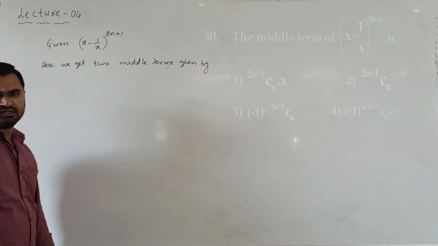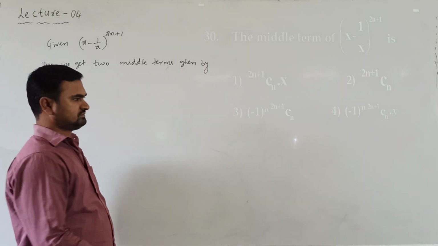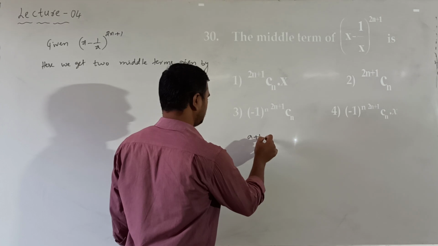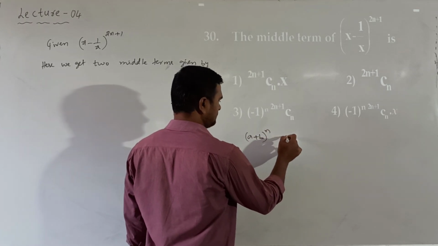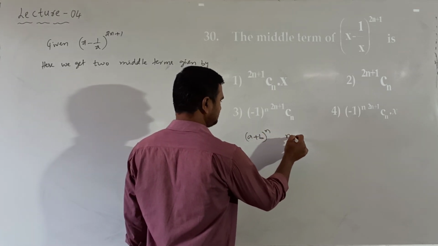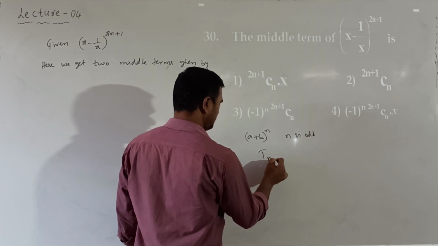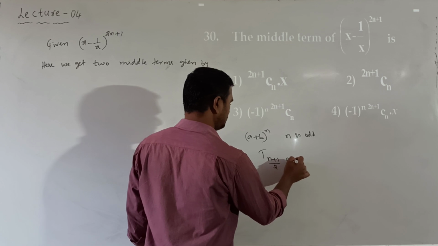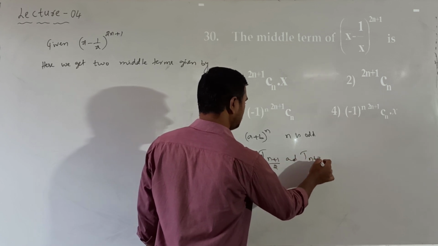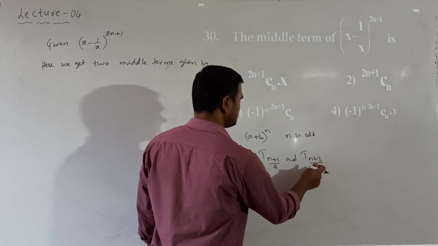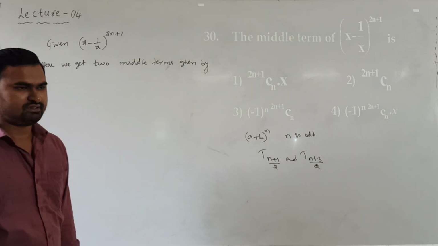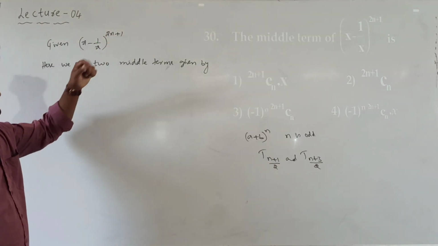What is the formula for the middle term when the power is odd? In the expansion (a plus b) whole power n, when n is odd, we get two middle terms, T (n plus 1) by 2 and T (n plus 3) by 2. These are the two middle terms. Now in place of n we have 2n plus 1.